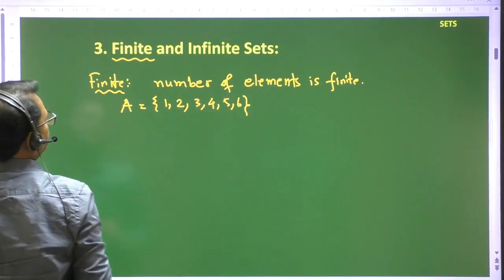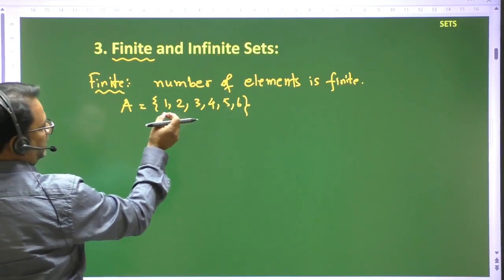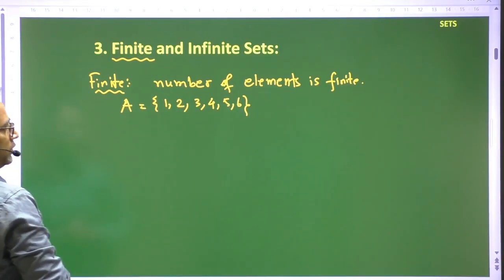Now in case of a finite set, the number of elements is called the order of the set.